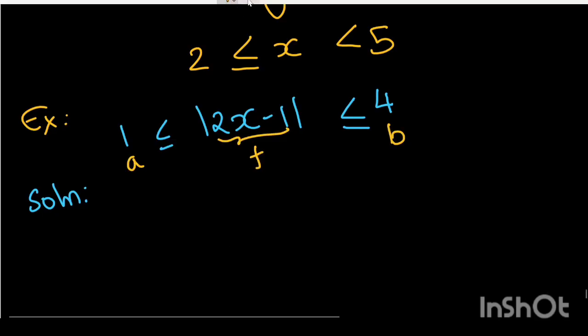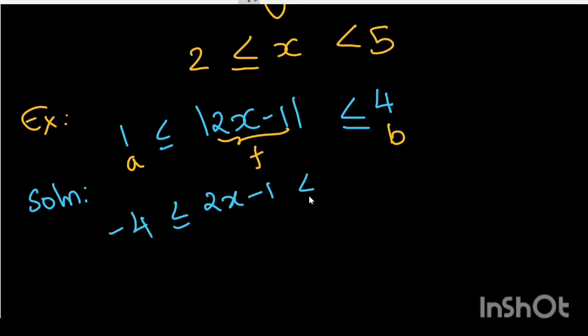So we can directly use the formula: f(x) from minus b, which is minus 4, to minus a, which is minus 1, union f(x) from a to b, so 1 to 4.